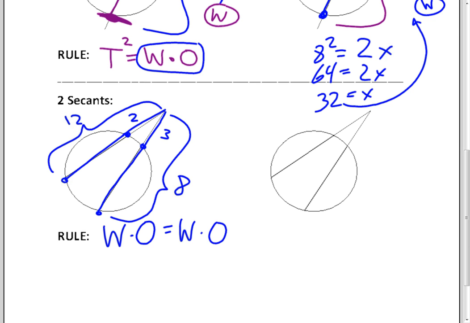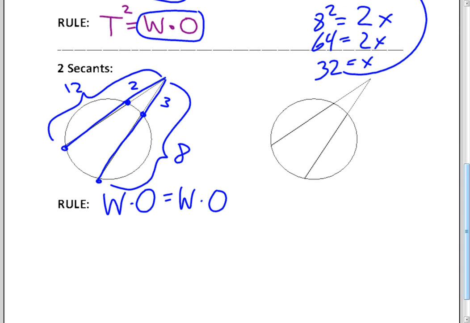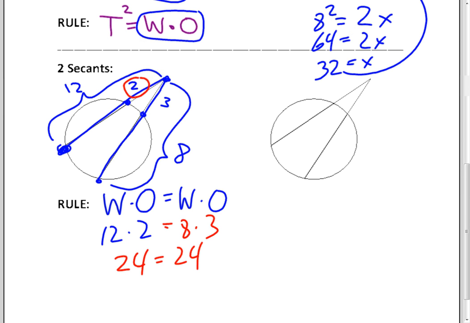If I have all the pieces, the whole secant, which we're designating from here to here, times the outer portion. Outer portion's right here. That's going to be equal to the whole times the outer portion there. That's 8 times 3. We get 24 and 24. That's with everything being given to you.